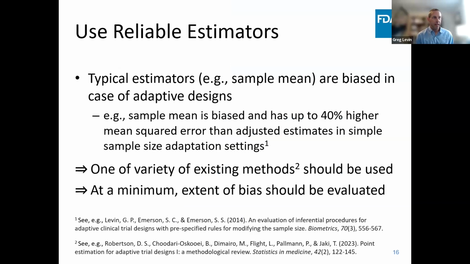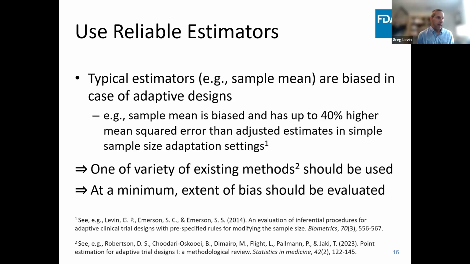And this is problematic because the typical estimators, for example, the maximum likelihood estimator like the sample mean, are biased in the case of adaptive designs. There are lots of publications on this. I cite one here that showed that in simple sample size adaptation designs, you can have the sample mean having considerable bias and up to 40% higher mean squared error than adjusted estimates in that setting.